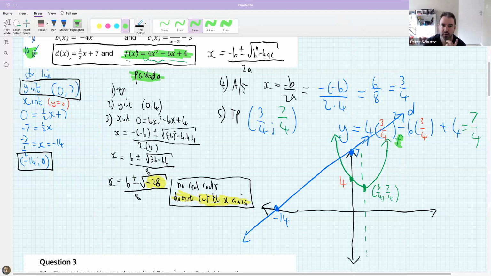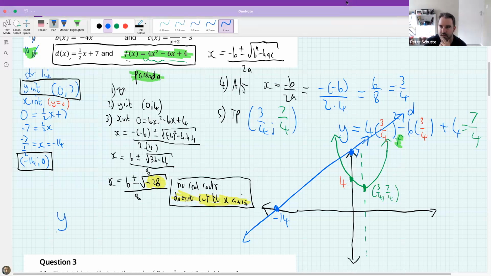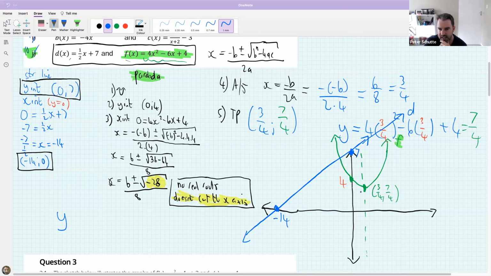So Morgan has correctly said that range deals with y. So it's going to be y something. Is it going to be greater than or less than something? It looks to me like the lowest that the green graph gets is, what's this value over here? Now, it's actually going to be 7/4.